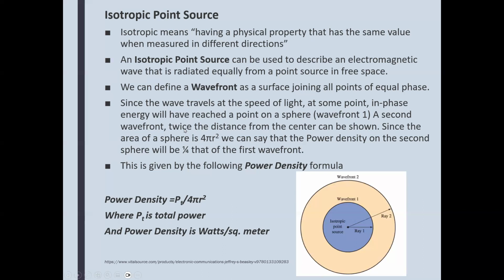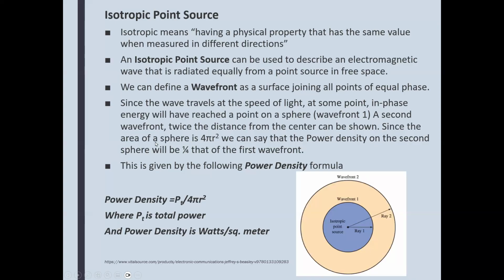A second wave front, twice the distance from the center, can be shown. So here's the first wave front, the wave is going outwards, and here's the second wave front that we pick up.